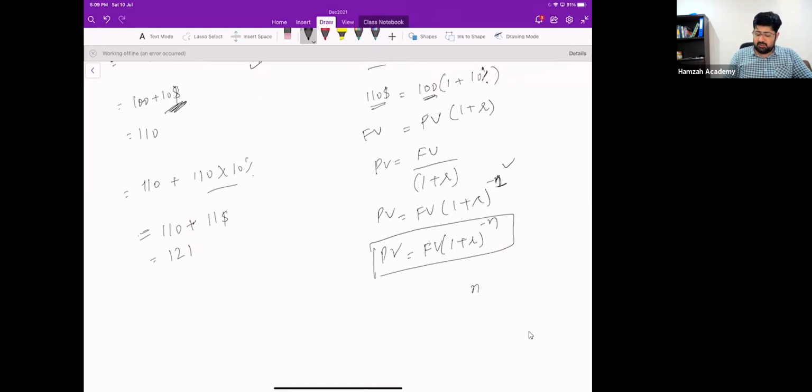N is number of years. R is equal to rate of return. Future value: you will receive tomorrow or next year or at the end of the year. Value today.